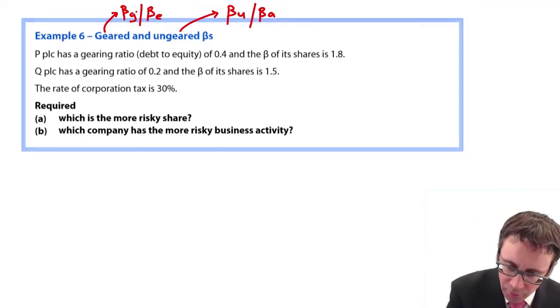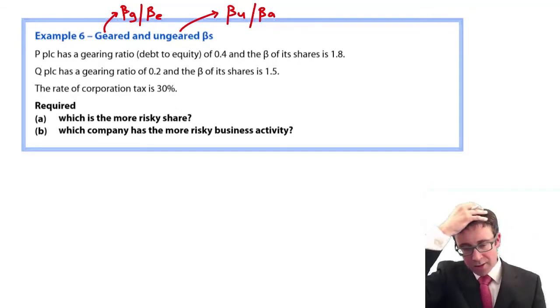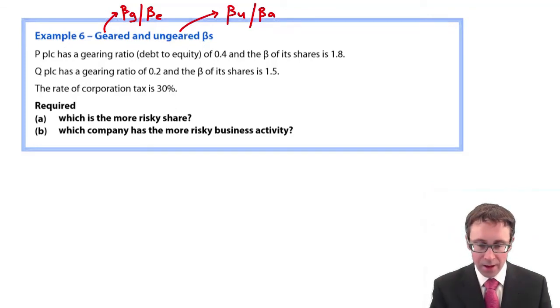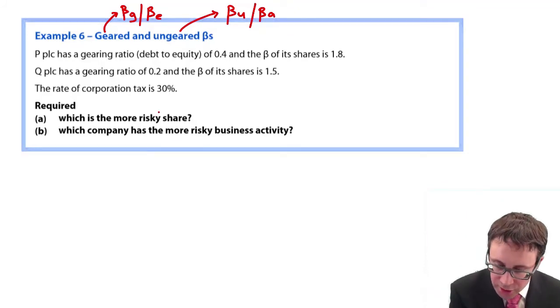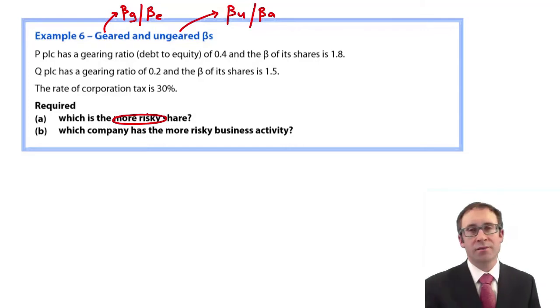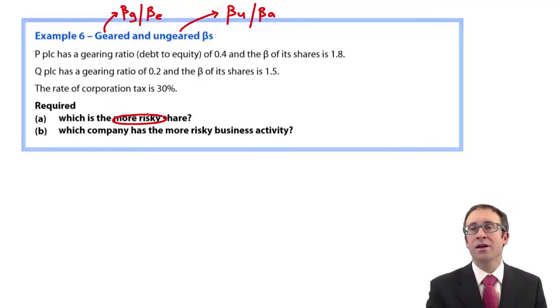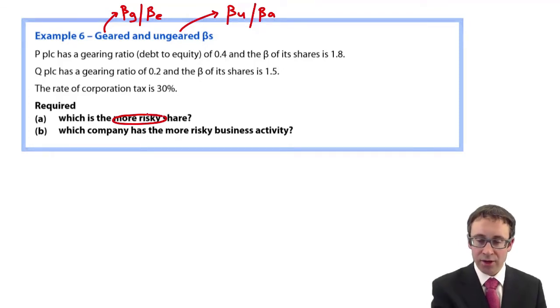No wonder it gets quite challenging. The requirement has two parts, A and B. A: which is the more risky share? Remember, beta measures the level of systematic risk, so the more risk, the higher the beta.